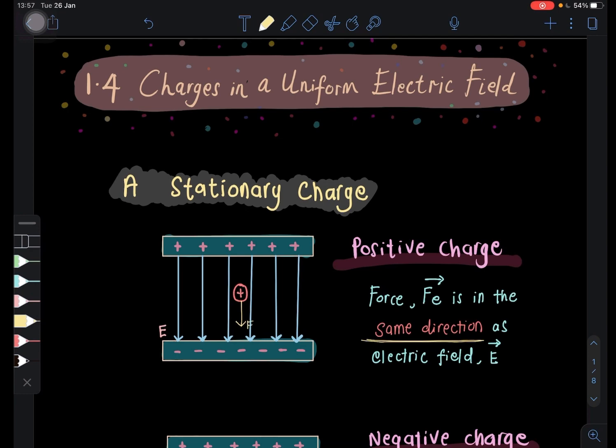So when this positive is attracted to the negative plate, this charge will be moving towards this negative plate. So there is a motion. This motion is in the same direction as the electric field. So the force will be in the same direction as the electric field, since electric field adalah daripada positif kepada negative.